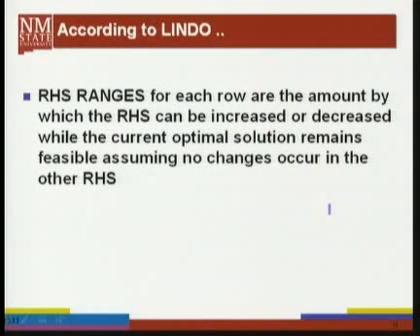And in the Lindo output, the right-hand side ranges for each row are the amount by which the right-hand side value can be varied while the current optimal solution remains feasible, right? In other words, within this range, the set of binding constraints doesn't change. So this range is called the range of feasibility, okay?